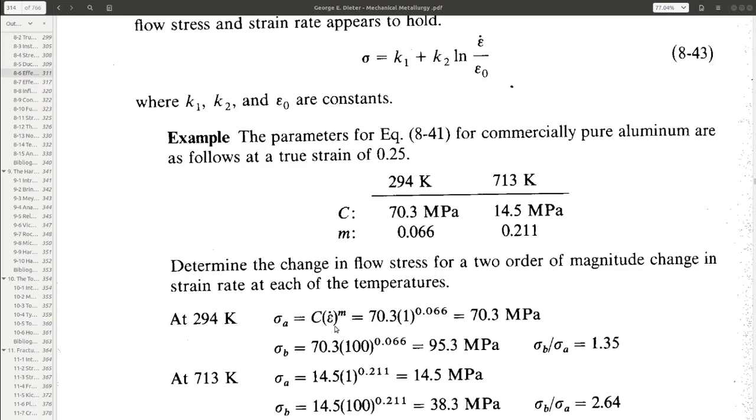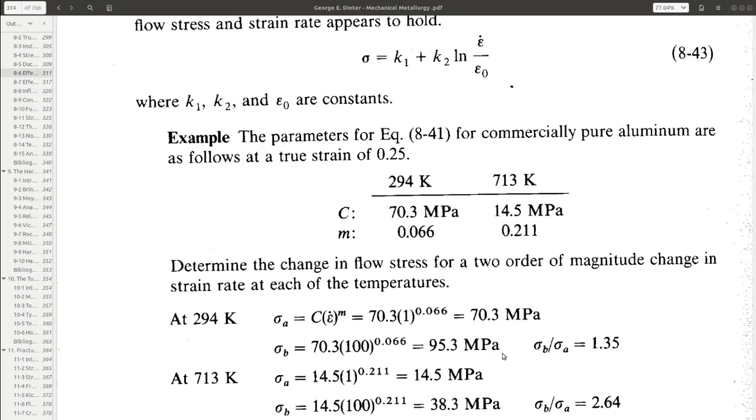But if I increase the strain rate by two orders, so in place of 1 I put 100, at that time I am getting 95.3. So the ratio is 1.35. There is a slight increase in the yield strength, which we could understand quantitatively.